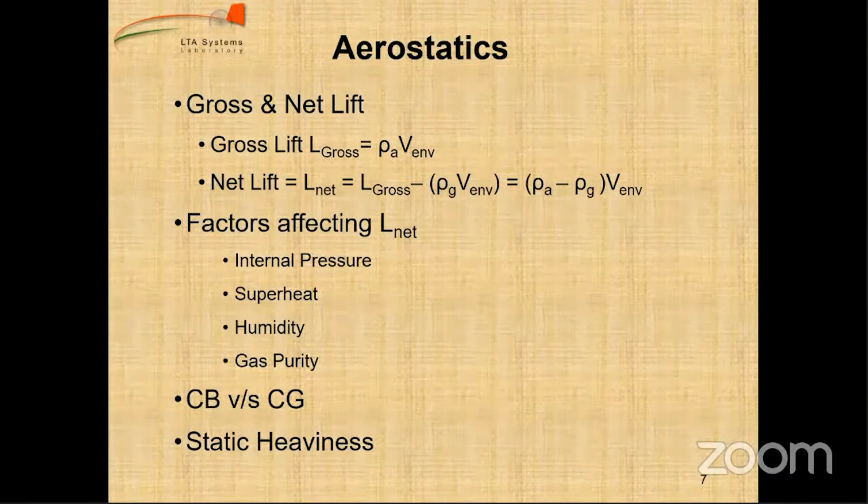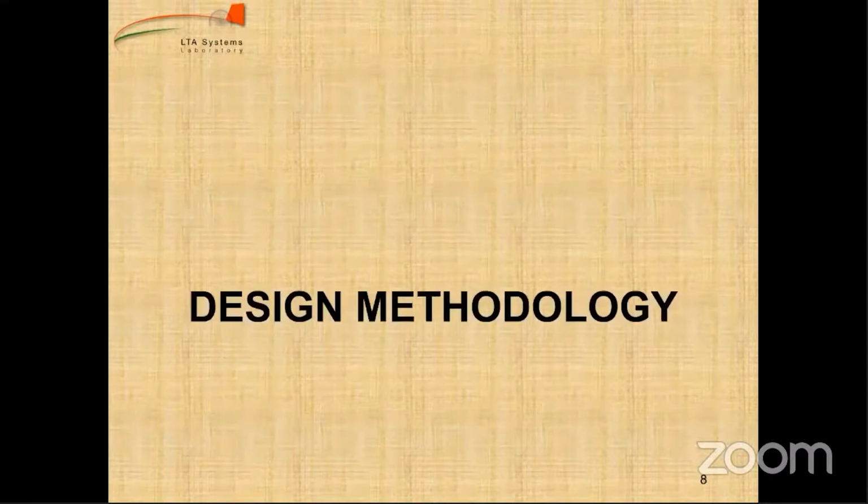But we make the system weight heavier, because in case of any failure, in case of any misbehaving of the system, it should not go away in the sky, it should be recoverable. So we make it a little heavy, and this term is known as static heaviness.